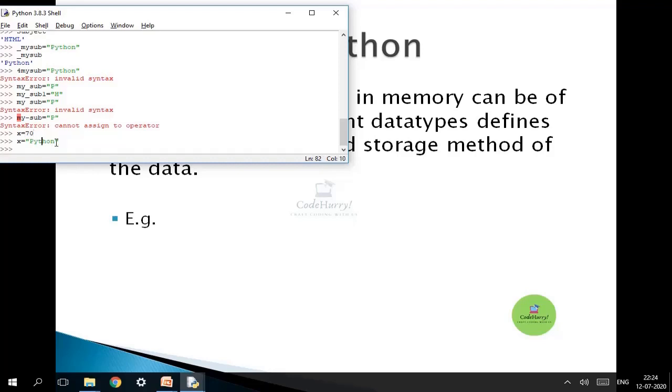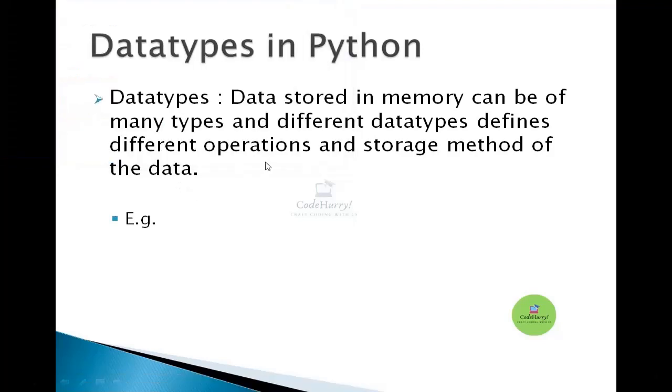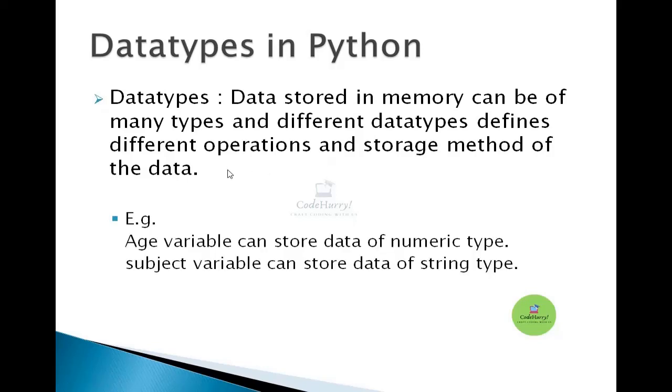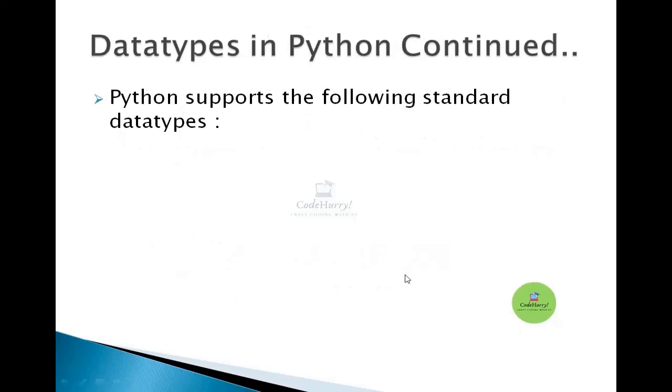So data types are used to indicate the operations and the storage method on the data. For example, an age variable can store numeric data, and a subject variable can store string data.